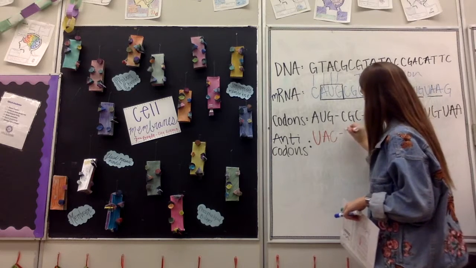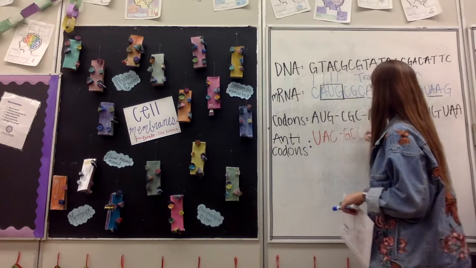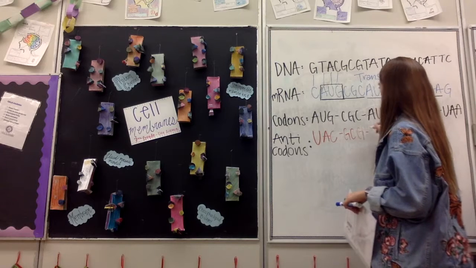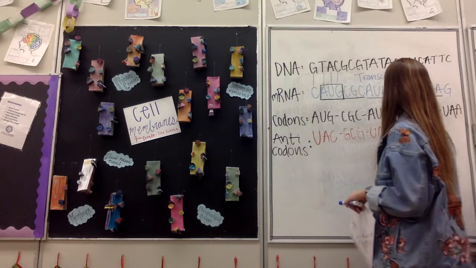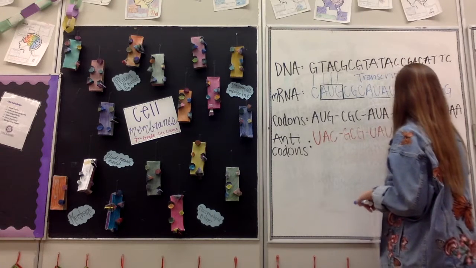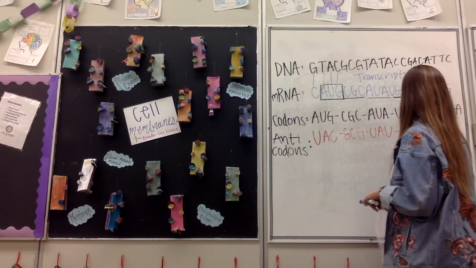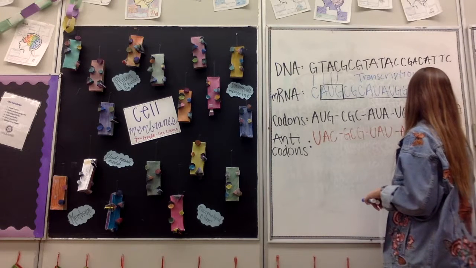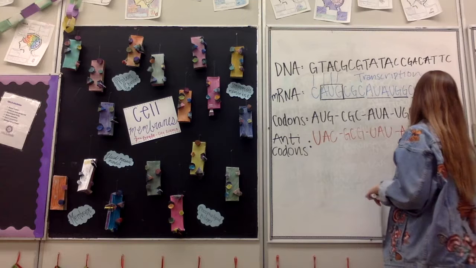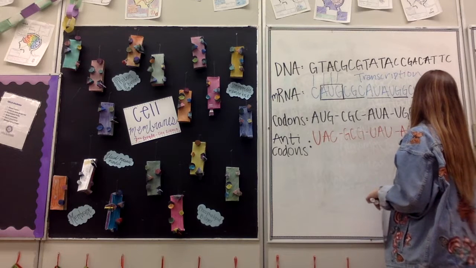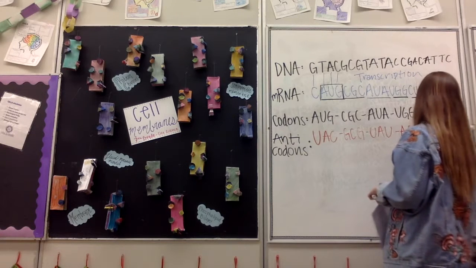Alright, we have G, C, G. These are all opposites. U, A, U, A, C, C, G, A, C, and A, U.